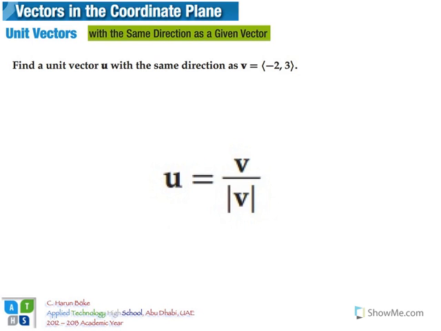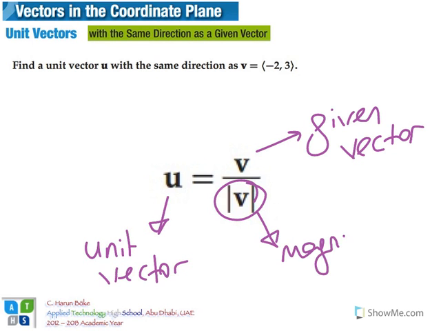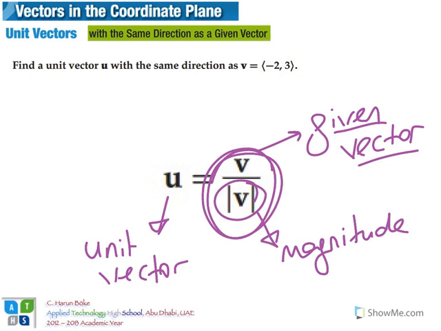Here, u stands for the unit vector, and v is our given vector. Now remember, what was that in absolute value? This is the magnitude of v. So actually what we are doing here is dividing the given vector by its magnitude. So let's see how it works.